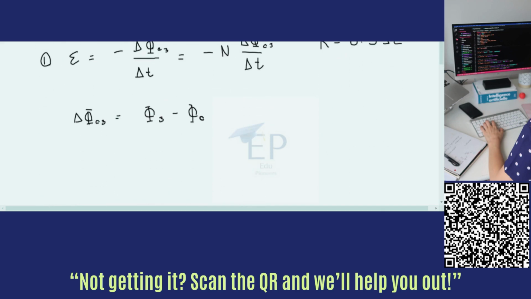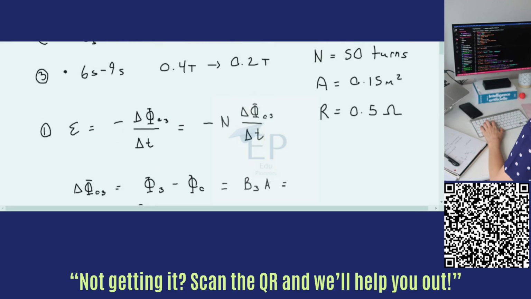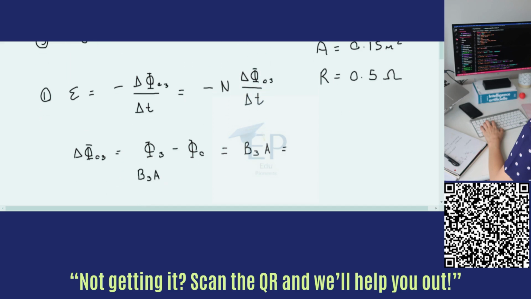And then the flux at 3 seconds is just going to be equal to the magnetic field at 3 seconds times the area. And normally we'd say times the cosine of the angle between the field and our surface normal. But at the start of the problem, we said those are always going to be parallel to each other, so we don't have to worry about the cosine in this case. So this should just be equal to the magnetic field at 3 seconds times the area of our loop. Or sorry, once we add it all in, we'll do the times n.